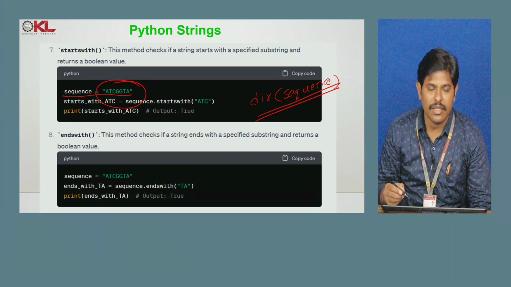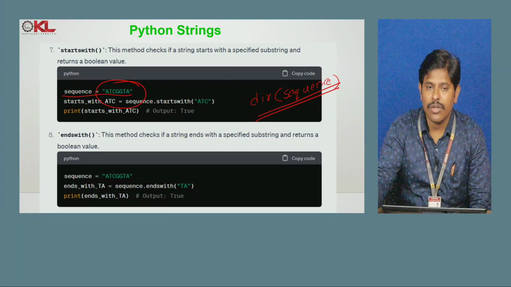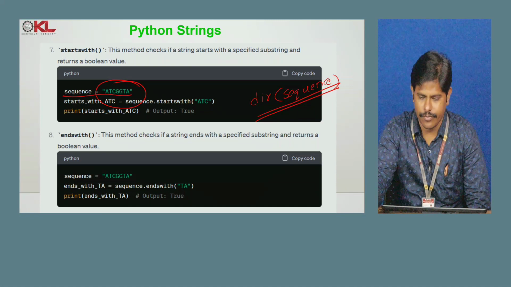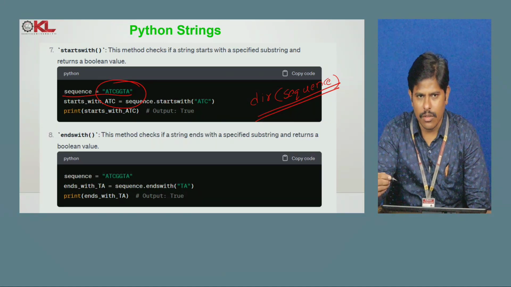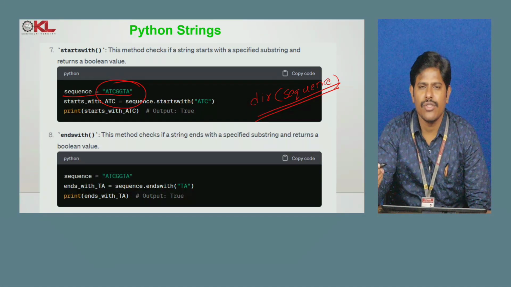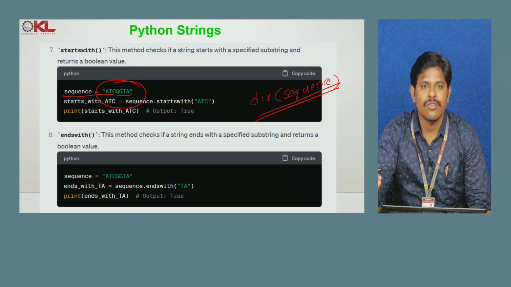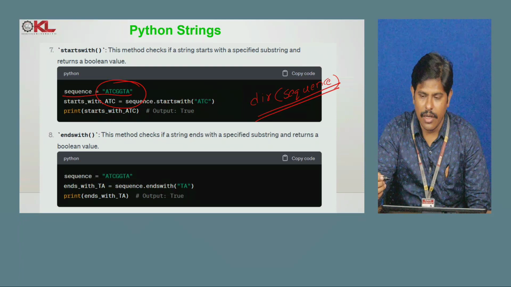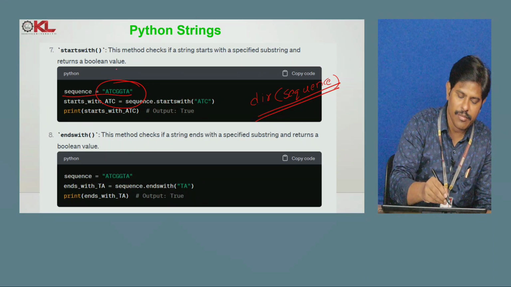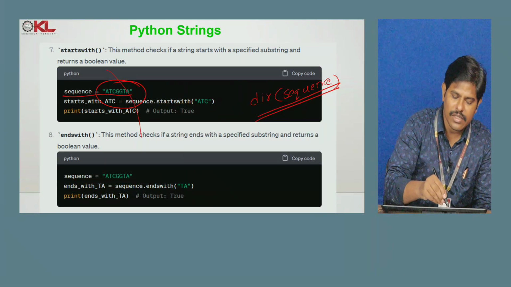So this is about Python strings. Python strings are very handy in bioinformatics, because in bioinformatics we do sequence alignments, multiple sequence alignments, and construct phylogenetic trees, and for all these things the basis is the DNA sequence.